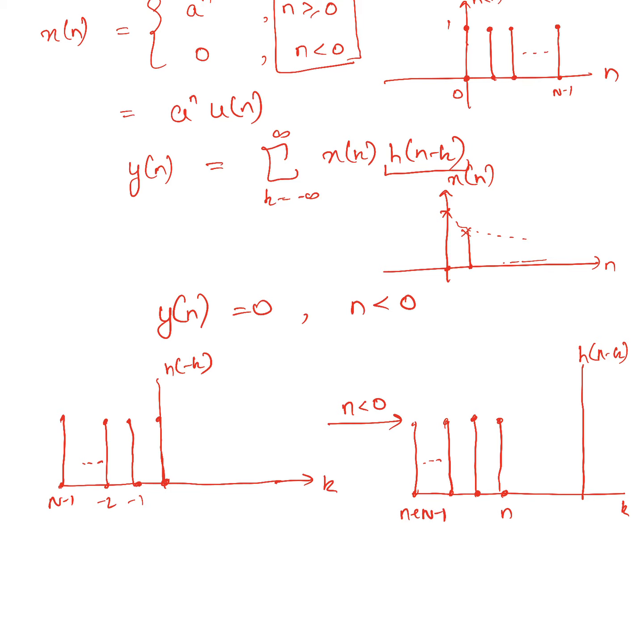This would be the figure when we have n less than 0, because we are analyzing the case for n less than 0. Now see that this signal x of n is defined for the right hand side of the 0 axis, right? This signal is defined for the left hand side of the 0 axis. So if I multiply these two sequences, then I would get y of n equal to 0.